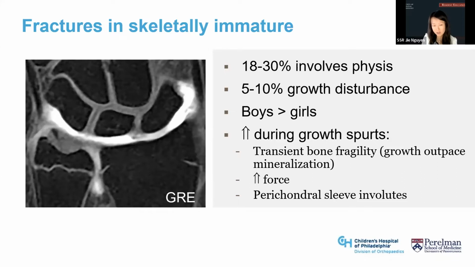It happens more commonly during growth spurts, which is postulated to be due to transient bone fragility because the structure, the scaffold, is growing, but the mineralization, right? The bone is not strong enough to withstand the force, even though it's growing so fast. And then the increased ability to generate force, more muscle mass. And then also the perichondral sleeve, right? The thing that holds it together is the one that's actually involuting at that time.